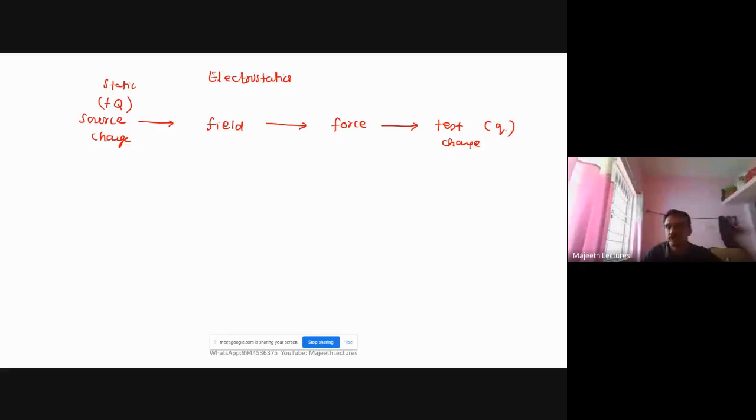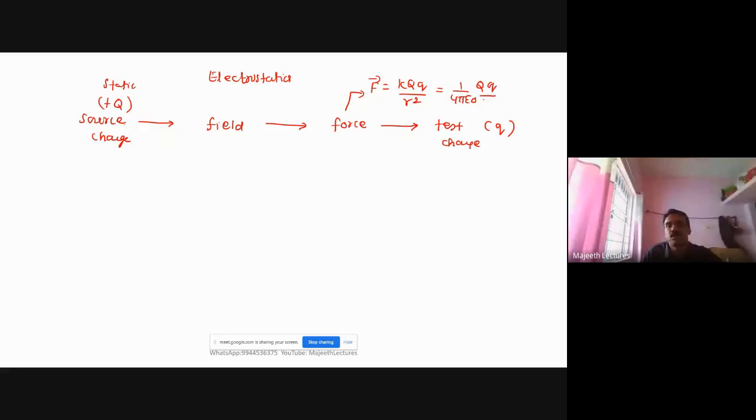Small q. What is the force between the source charge and the test charge, or how does this source charge know some other charge is present here? That is given by the force between the two charges, by Coulomb's law. F is equal to K Q q by R square, where K is equal to 1 by 4 pi epsilon naught.